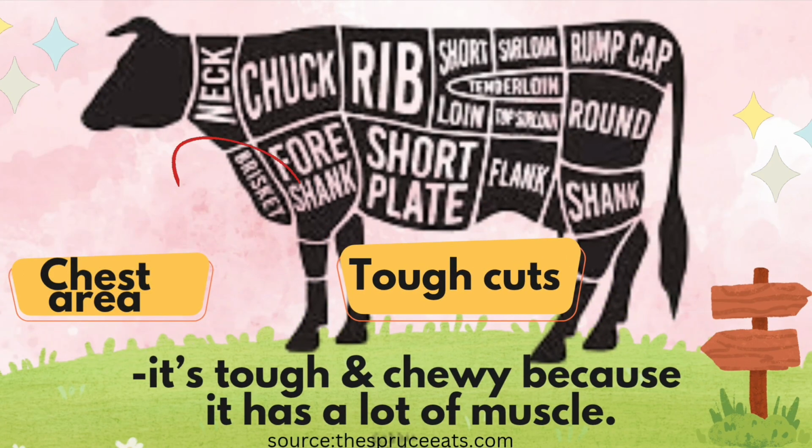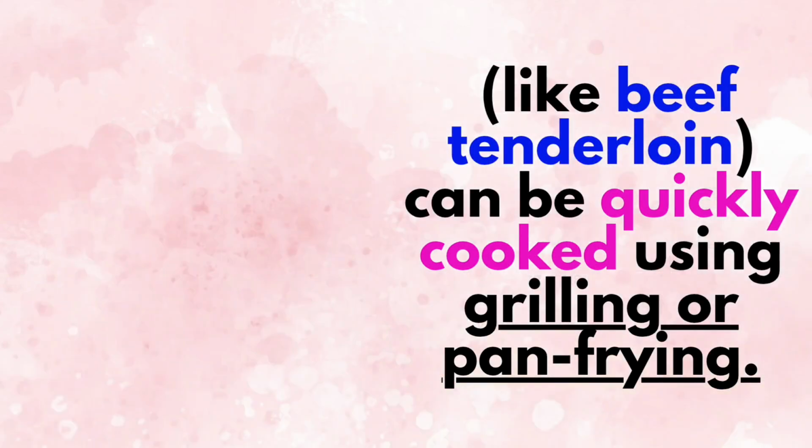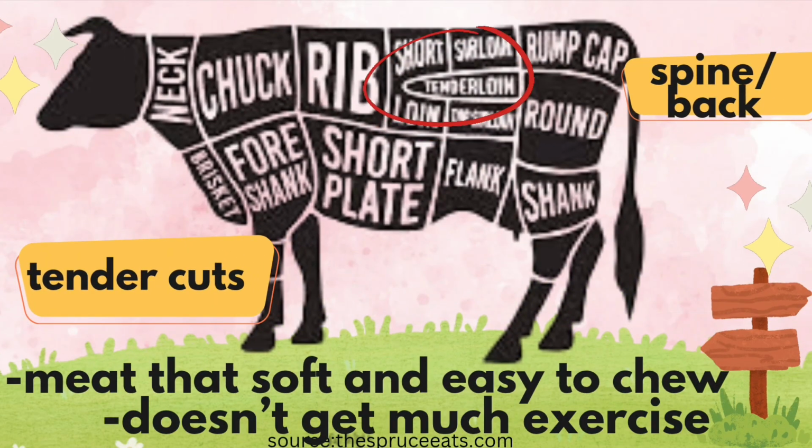Tough cuts come from the chest area. It's tough and chewy because it has a lot of muscle. 2. Tender cuts, like beef tenderloin, can be quickly cooked using grilling or pan frying. Tender cuts come from the spine or back of the cow, meat that's soft and easy to chew, which does not get much exercise.